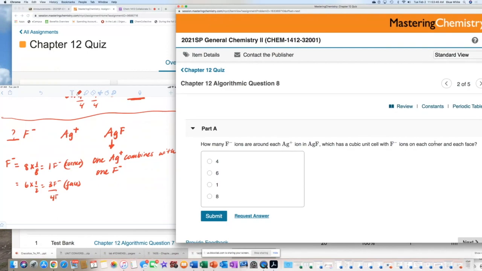So we have 4 F minus. That means we'll end up with 4 Ag pluses and 4 F minuses, so that we can end up with Ag4F4 divided by 4 is AgF, right? But they're asking you how many of it, yeah. Okay, so this should be 4.